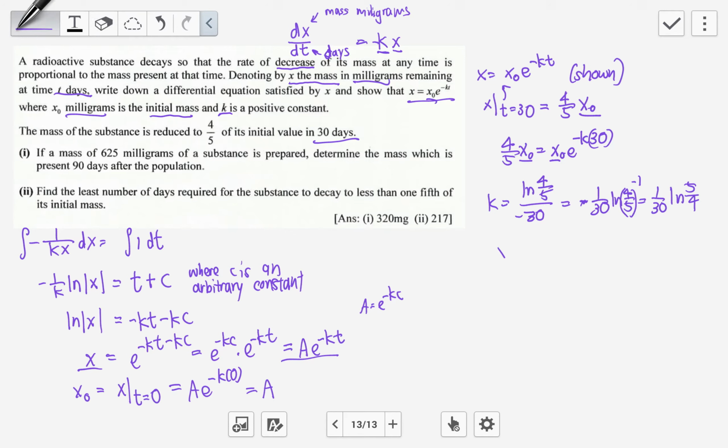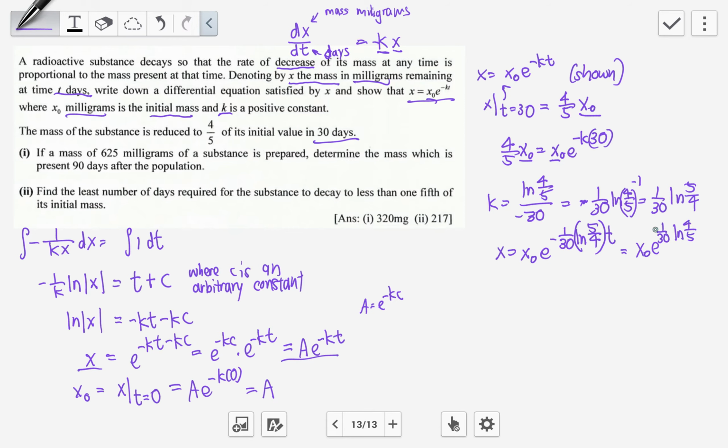Then the next thing, I just substitute in. To complete it, x equals x naught e to the minus k, which means minus 1 over 30 ln 5 over 4, times minus t. So this is t. Again, this negative can be brought up, so we have x naught e to the 1 over 30. We have to be careful. This one is together, so the minus can be brought up, and we have just ln 4 over 5.